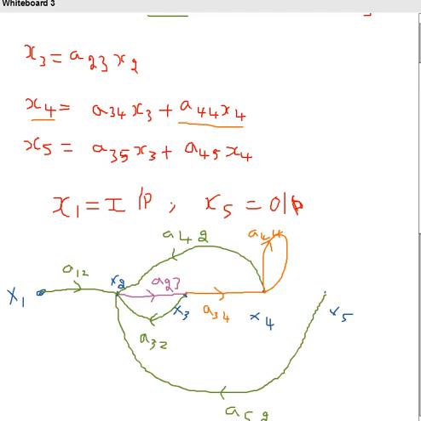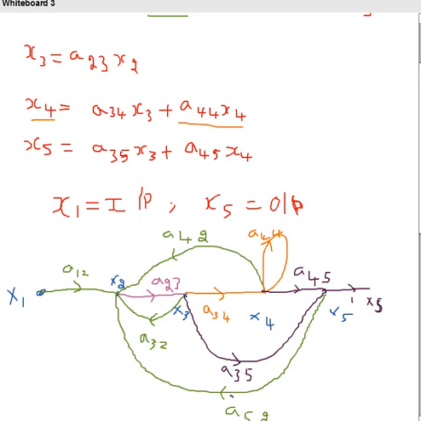x5 is equal to a35 x3. So from x3, A35, and from x4 the gain is A45, and just keeping x5 the same with gain 1.